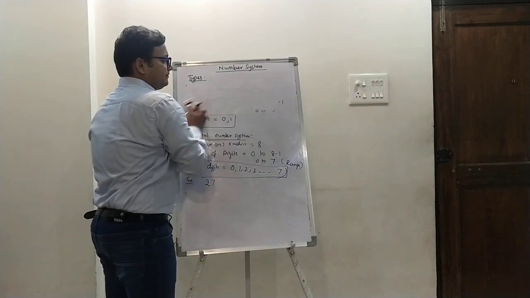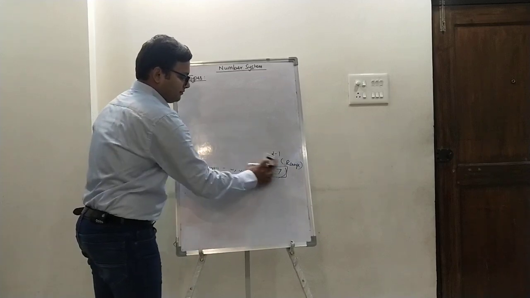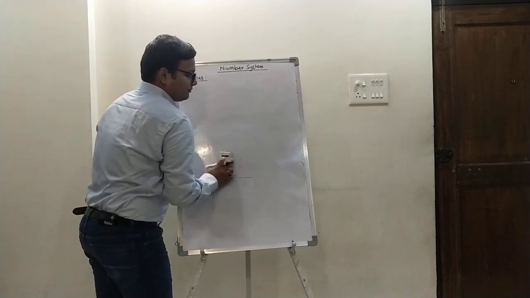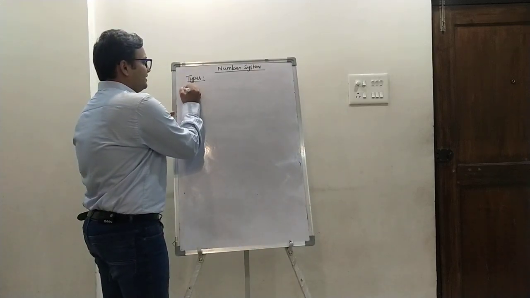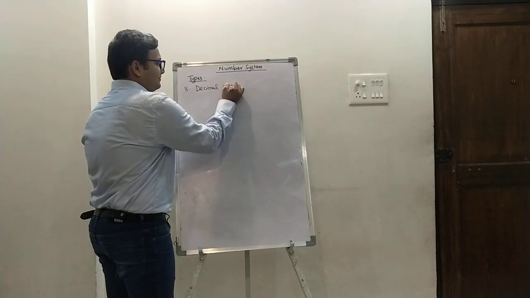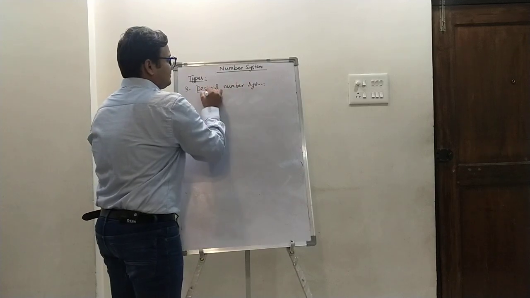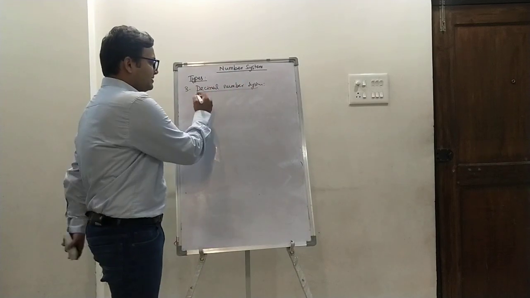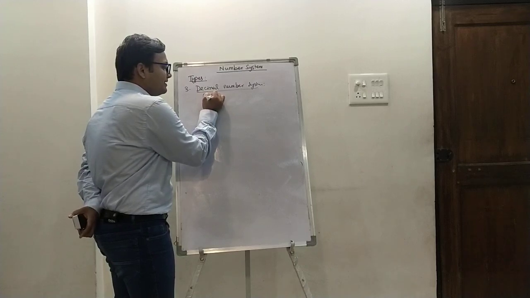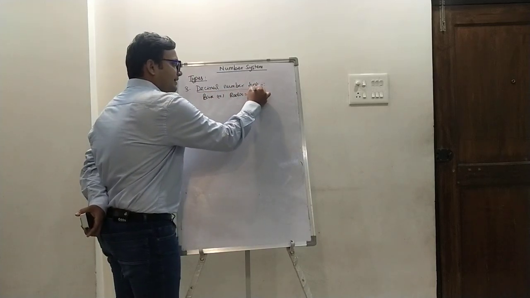The third one is the decimal number system. In the decimal number system, the base or radix is 10.